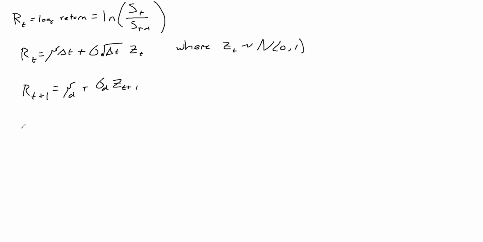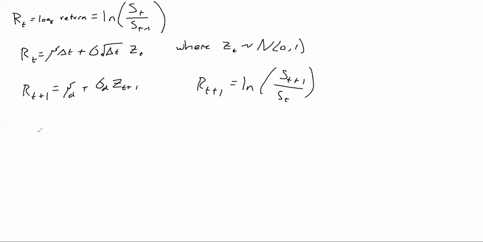If we want to simulate tomorrow's stock price, know that the return of tomorrow, t plus 1, would be equal to the natural log of the stock price of tomorrow divided by the stock price of the current period.